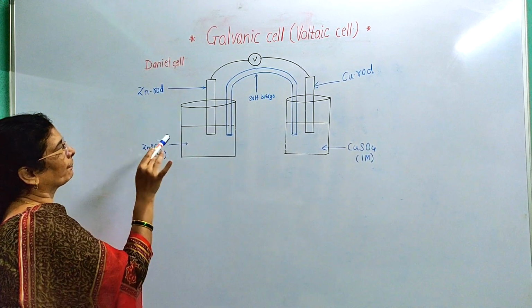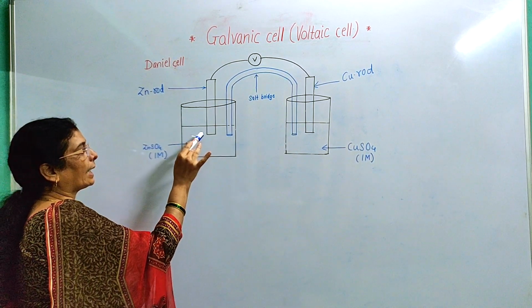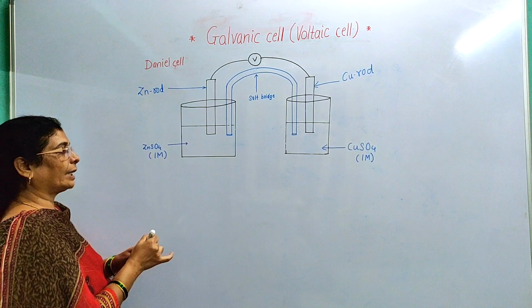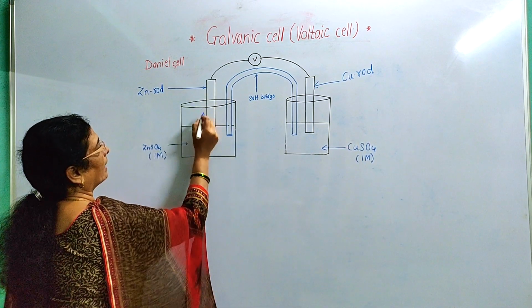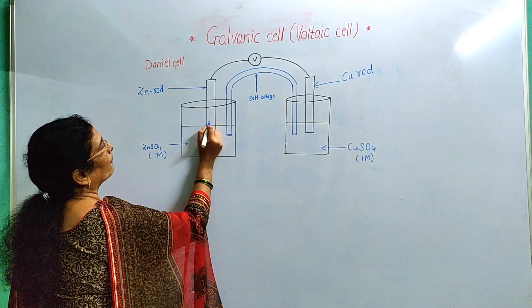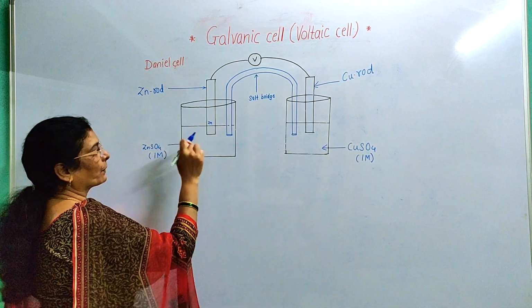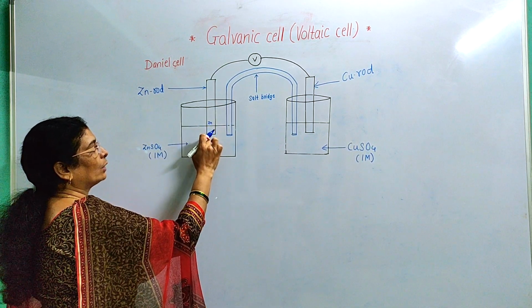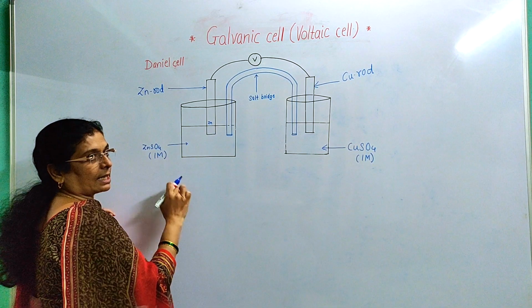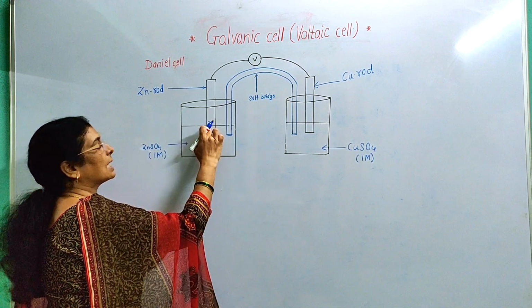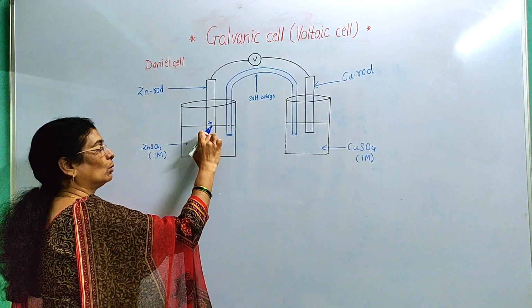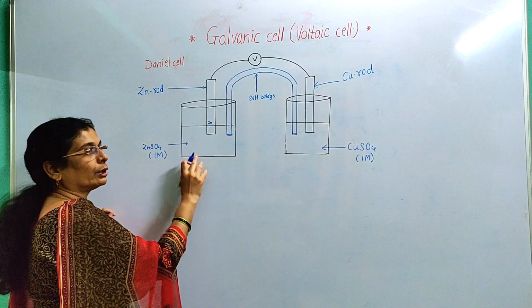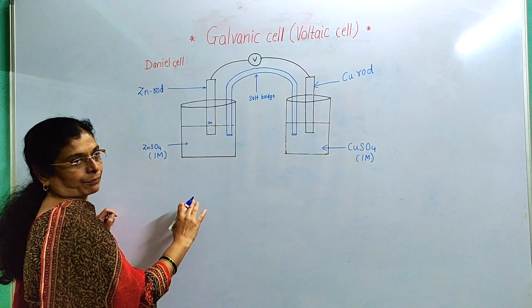In the Daniell cell, here what happens? Zn atoms are there on the Zn rod. These Zn atoms are in direct contact with Zn++ ions. Zn atoms have more tendency to lose electrons and get converted into Zn++ ions.